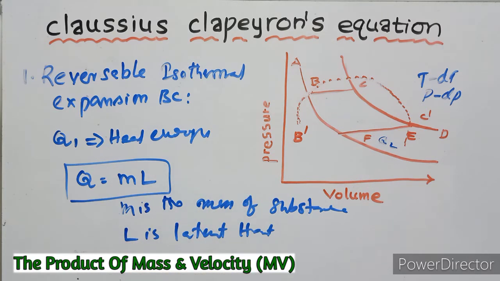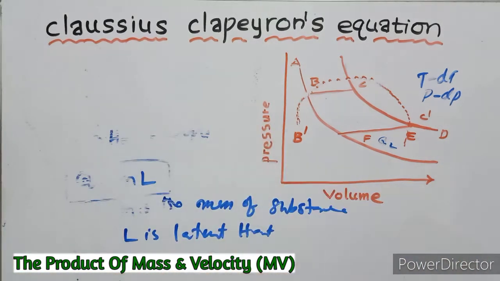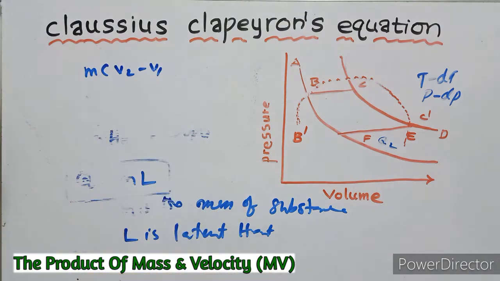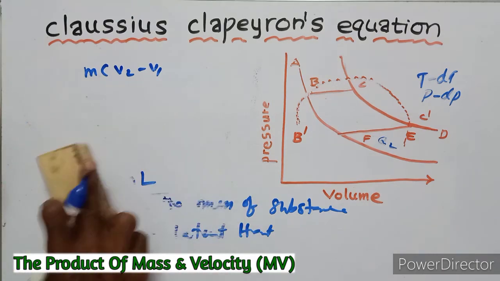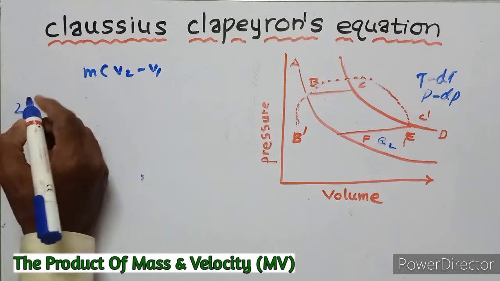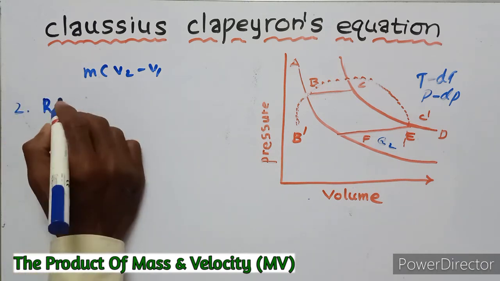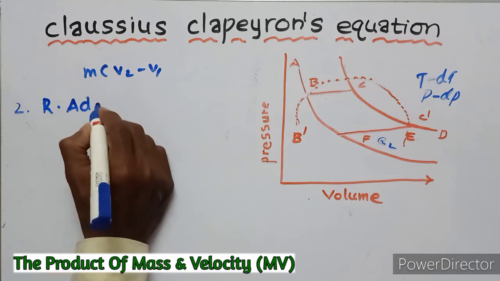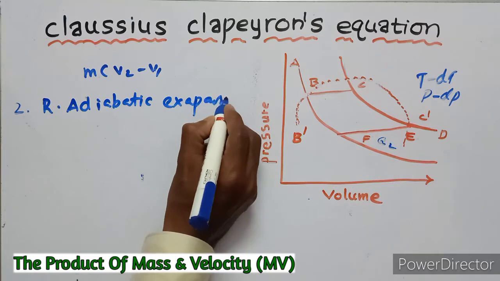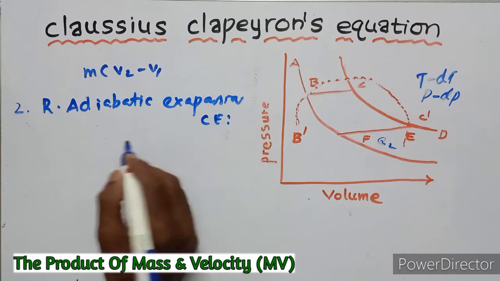So the volume increases. The volume increase means V2 minus V1. The second one is the reversible adiabatic expansion, that is CE.